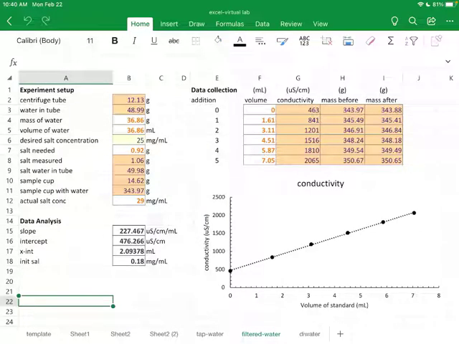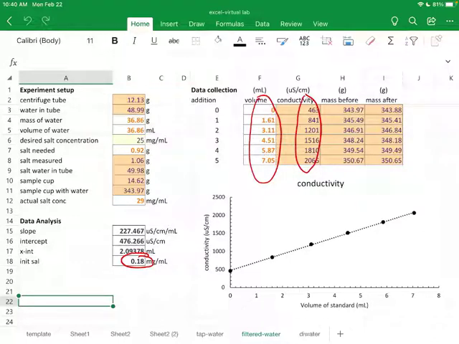So let's go ahead and walk through the calculations that you need to be able to perform. The first step is from the data that we collected, which was the volume of standard added and the conductivity of the solution. We want to be able to find the salinity of the unknown solution.